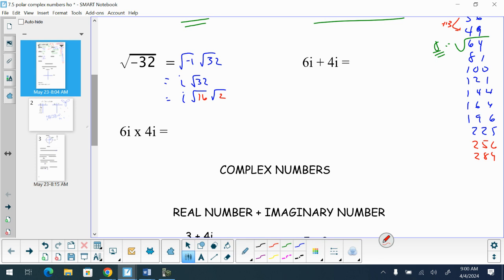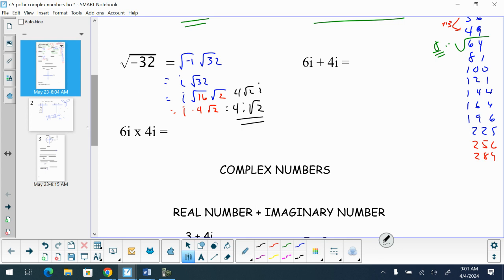So we have 16 and 2, so we have i times 4 square root of 2. Now, how do we write this? We can write this as 4i square root of 2 if we want to, or 4 square root of 2i would also be acceptable. You can throw the i in between, you can throw the i after.